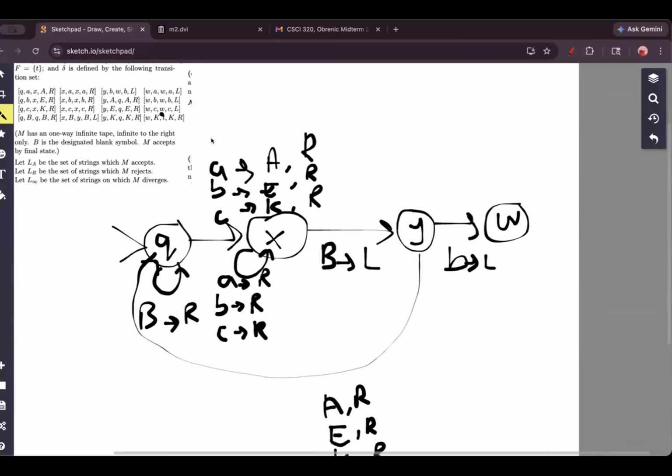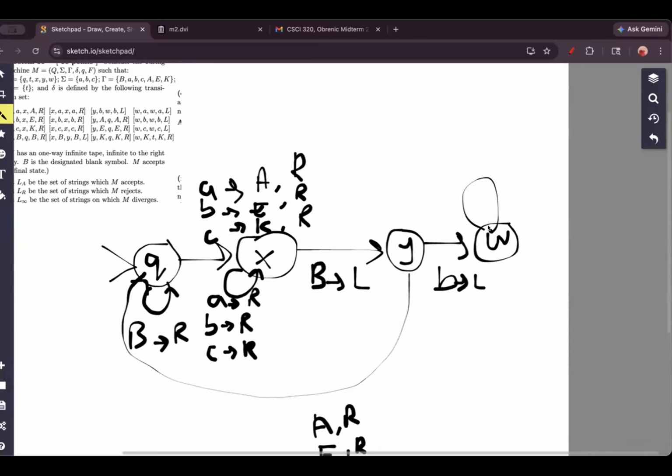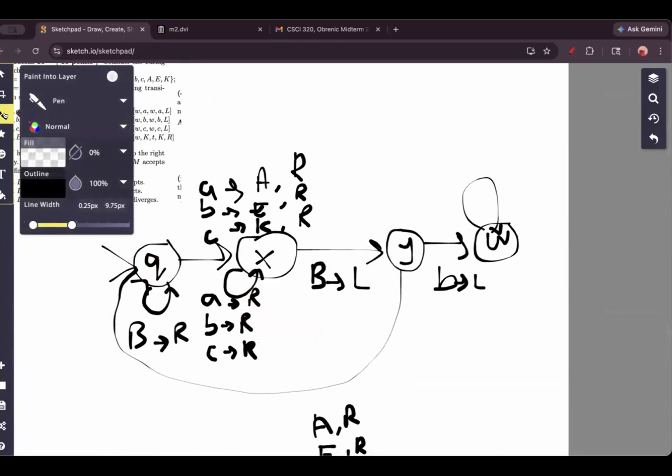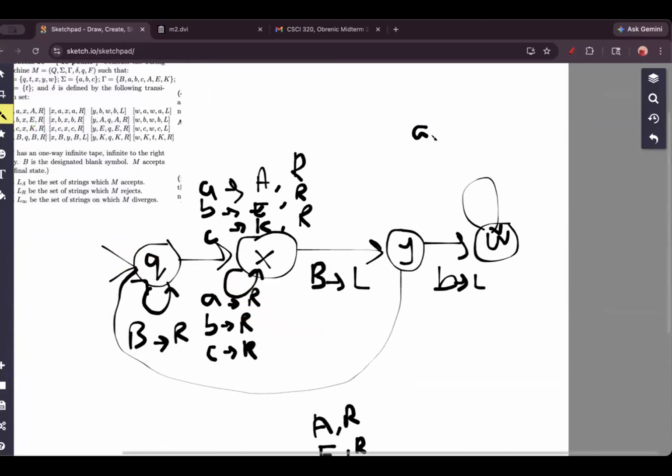In W, looping on A, B, and C. Let me see if I can just copy. Can I copy them? Oh, okay, let me just write it out. A, B, C, turn right. This is right, this is right, right, right.